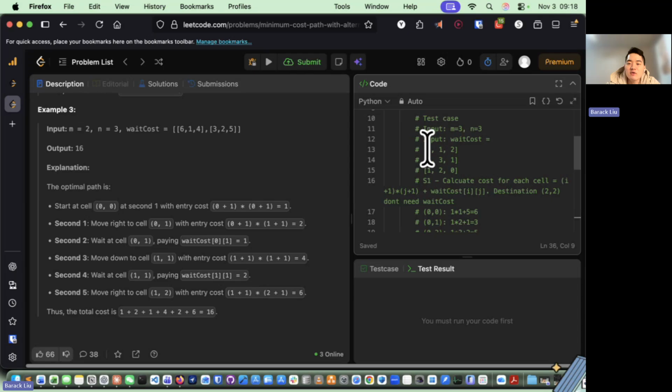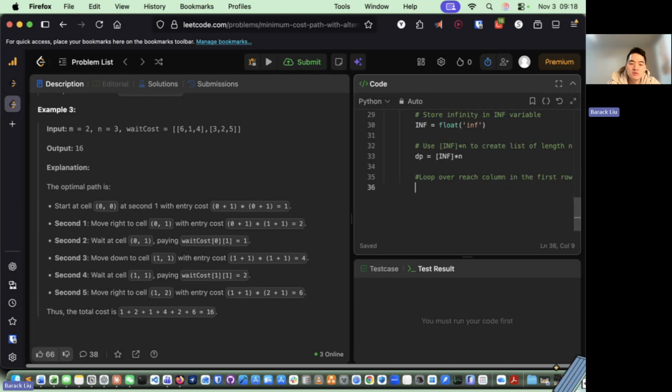Because now we start calculating the costs. So for j in range n, we want to calculate the enter cost, right?